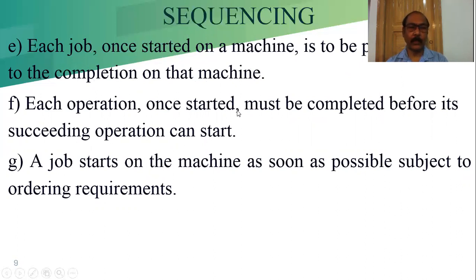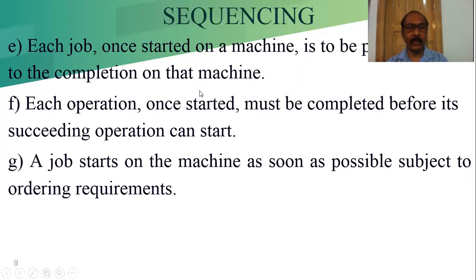Each operation once started must be completed before its succeeding operation can start. So the predecessor should be complete before the successor job starts in the successor machine. We can say it both ways. Unless the predecessor job is complete, we cannot start the successor job.